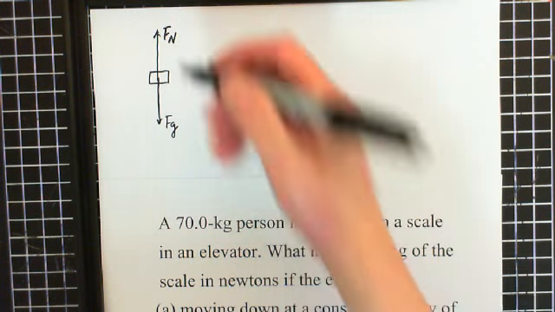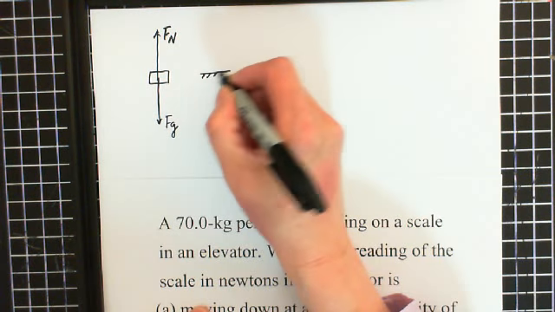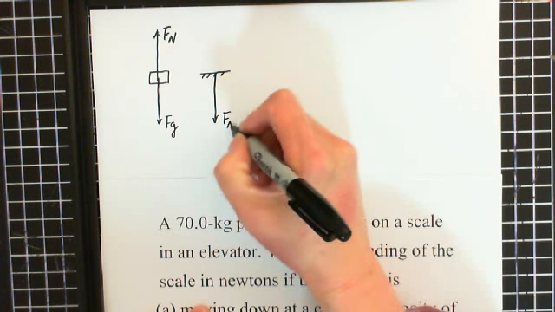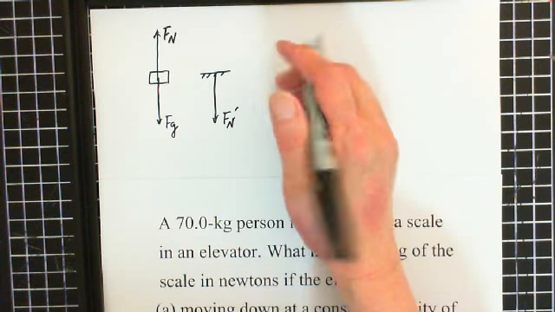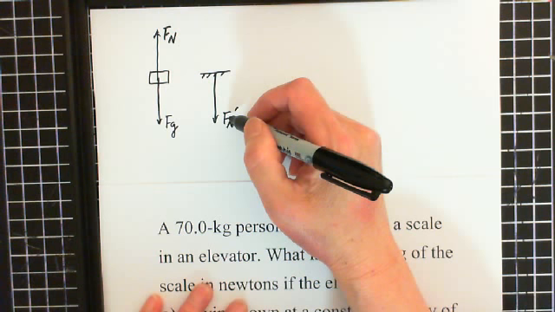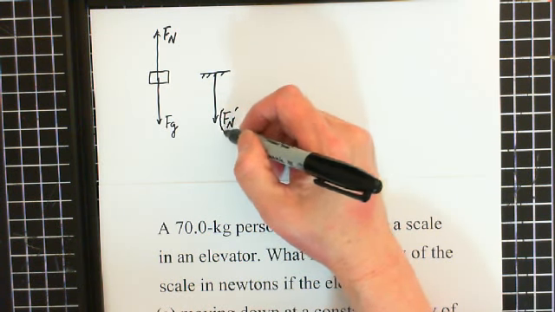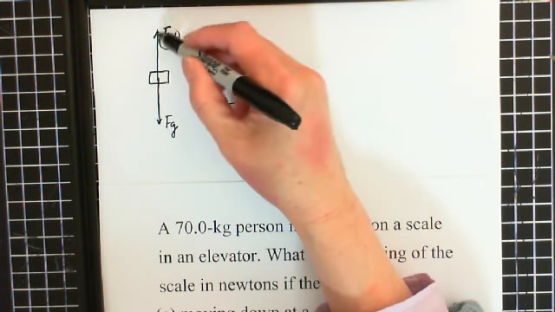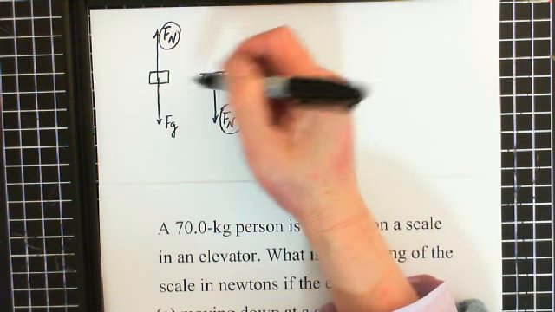The question is looking for the reading on the scale. Actually, the reading on the scale is the force F normal prime, because the person standing on the scale pushes the scale down. But this force is equal to the normal force, which is from the scale to the person.